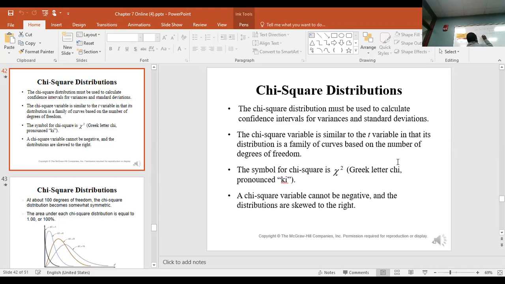The chi-square distribution is something like this.